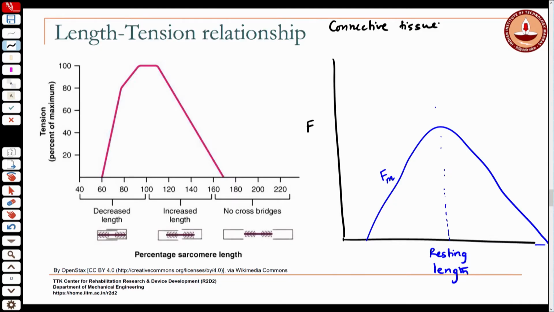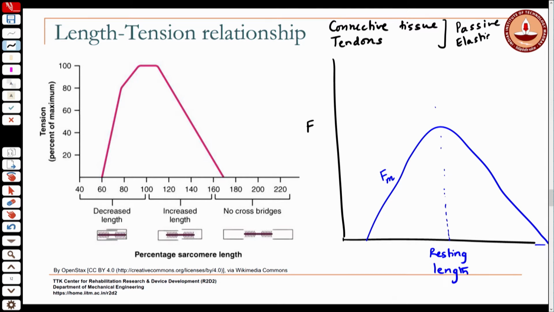Now, if you look at the elastic tissues, the connective tissue, you have tissue surrounding the muscle, and you have the tendon. These are called the passive elastic components: the connective tissue around the muscle, the epimysium and all those tissues surrounding the muscle, and then the tendons, because they cannot generate force.